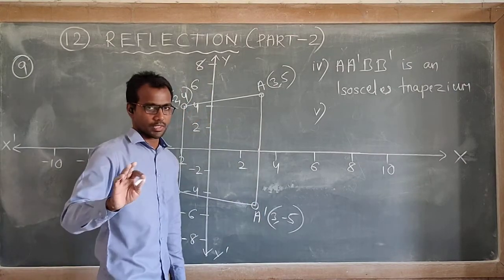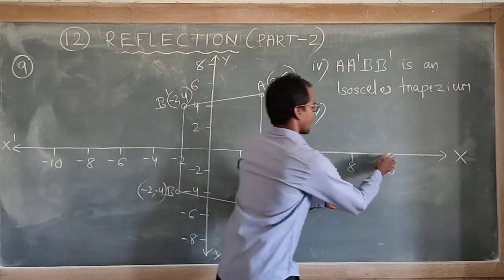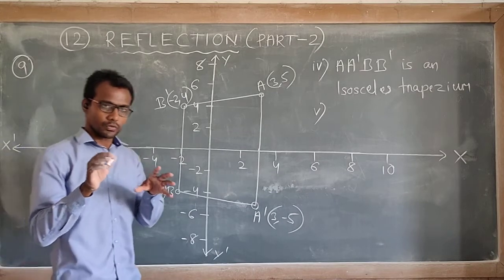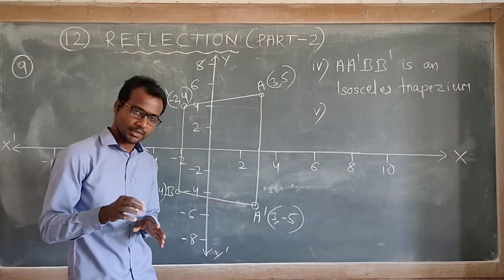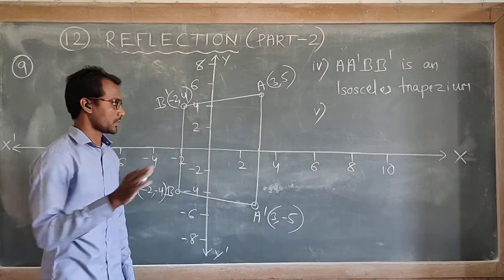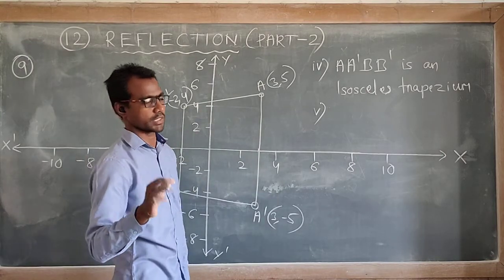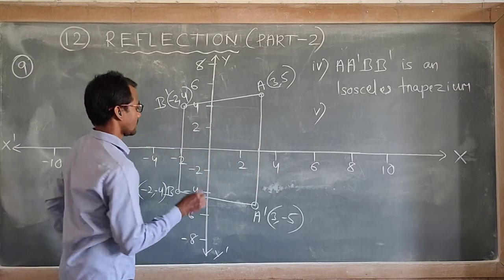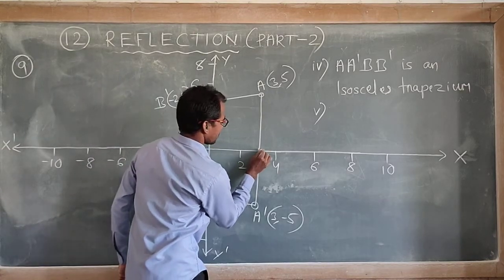Randomly you cannot take, for example 10, 0 or -6, 0. Those 2 points will be on the x-axis and also on this figure. The two conditions you have to satisfy: x-axis plus this figure. So which are the 2 points? These are the 2 points.